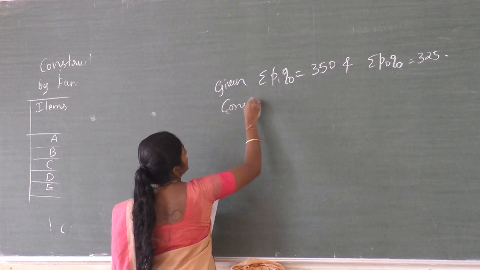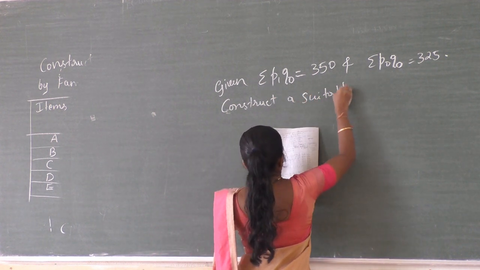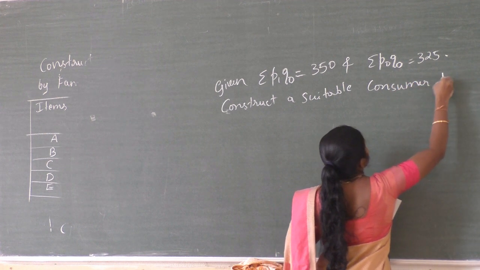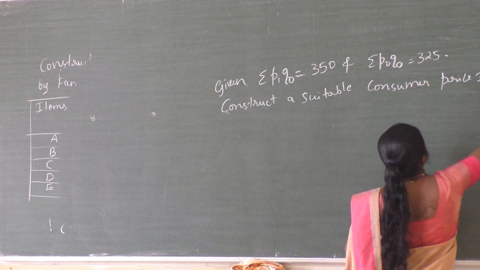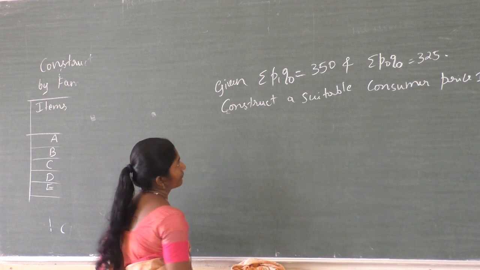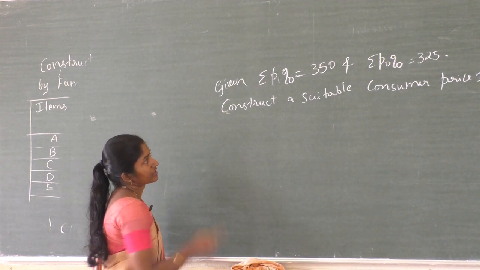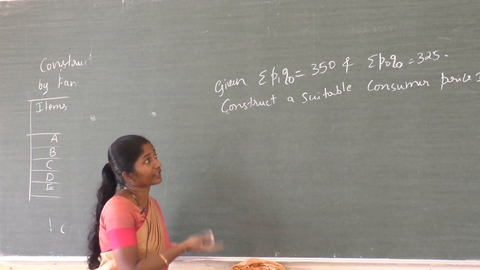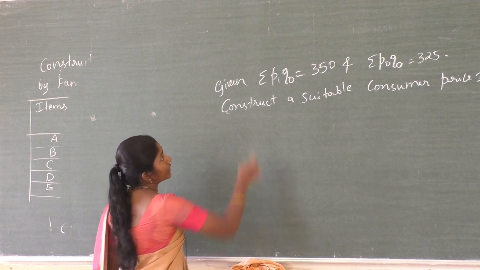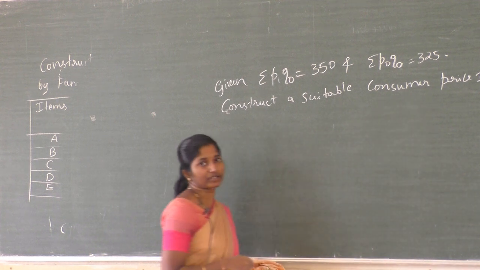Construct a suitable consumer price index number. Here P1 Q0 is given, P0 Q0 is given. So actually, thinking another way, this is also the Laspeyres price index number. But what is given here? Construct a suitable consumer price index number.